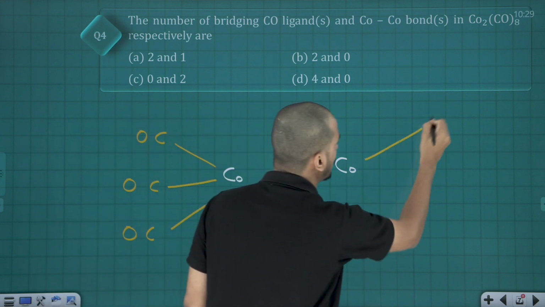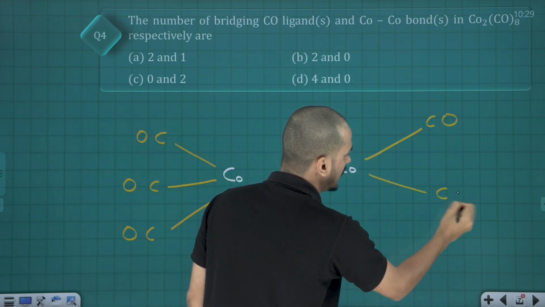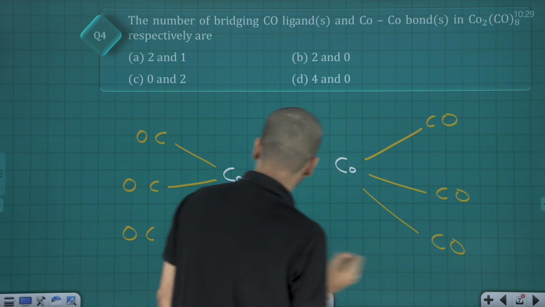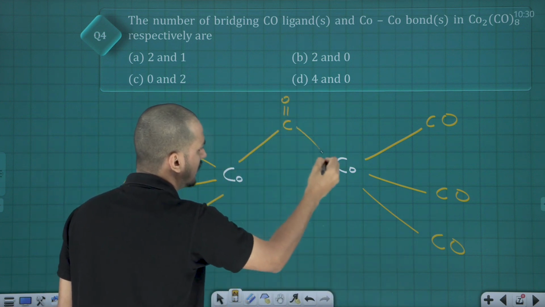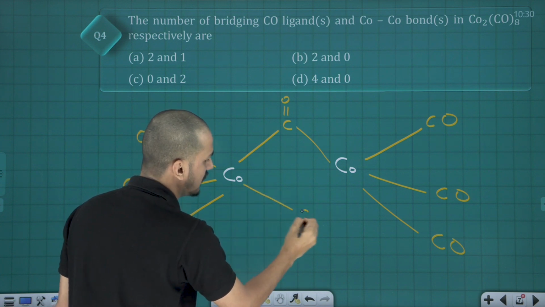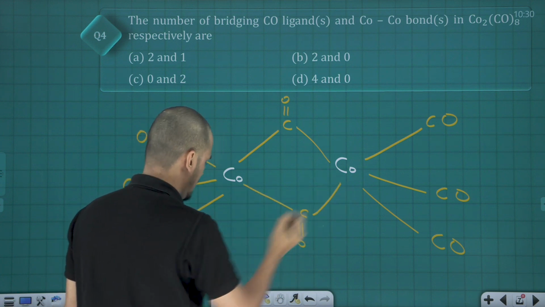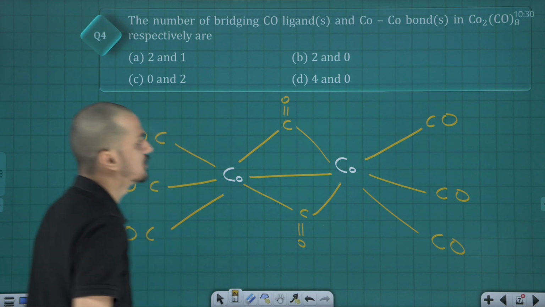Here also 3 CO are there. This is a structure. And 1 CO is connecting like this, and another CO is connecting like this. And in between cobalt, 1 bond.